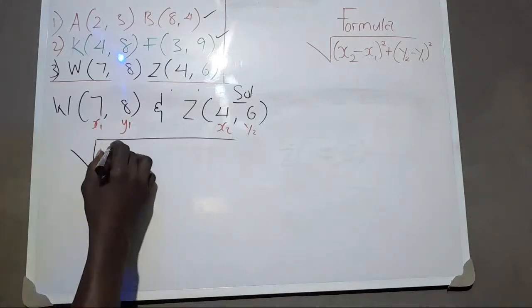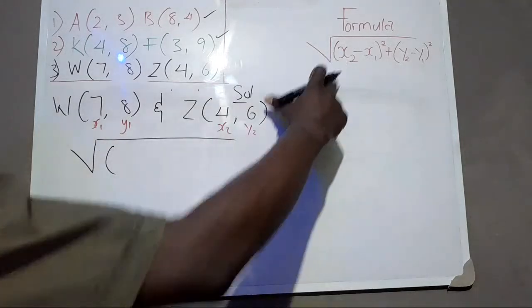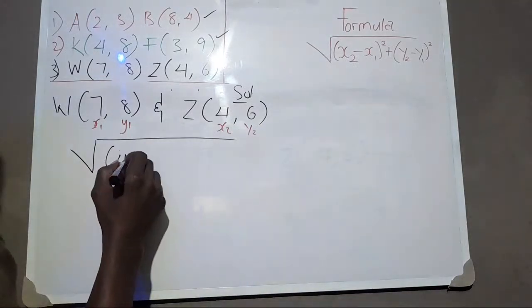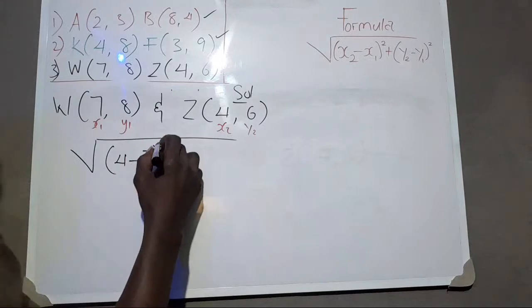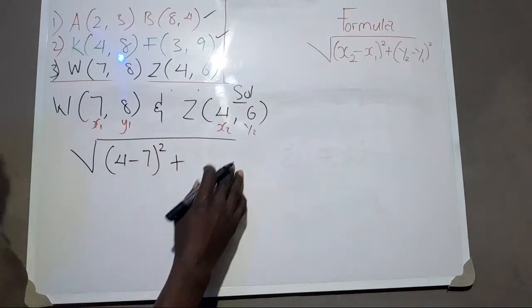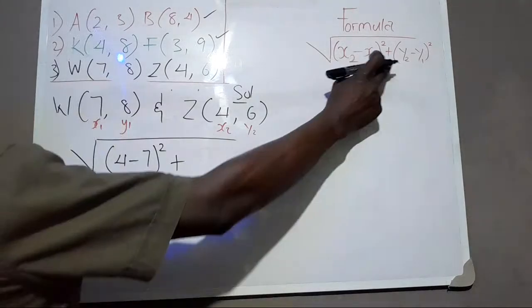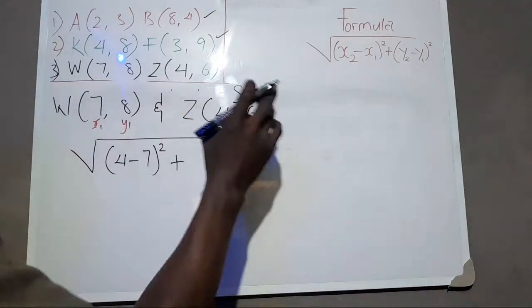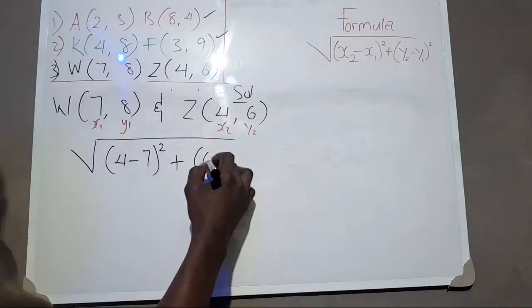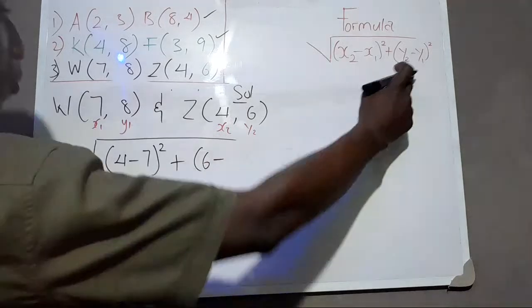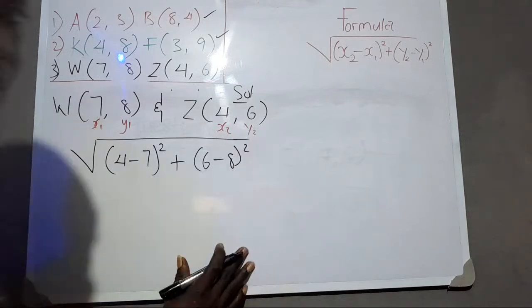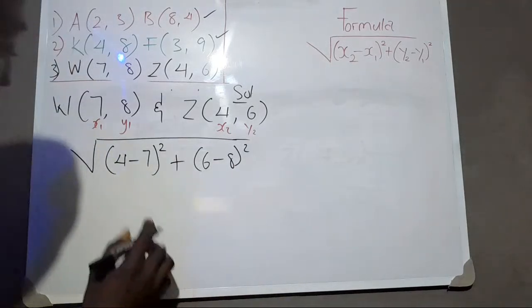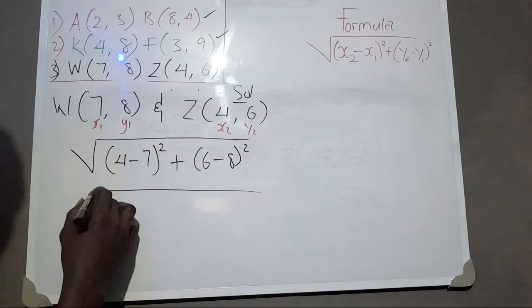We'll just say our x2, which is 4, minus our x1, which is 7, then the root, plus our y2, which is 6, minus our y1, which is 8, in brackets, squared. Then we bring this down again.